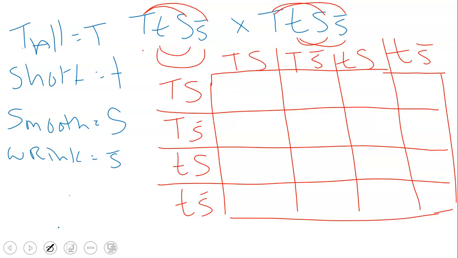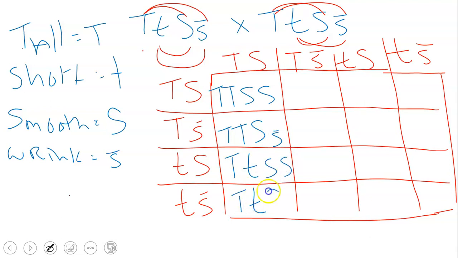So in this first box, I'm going to do big T, big T, big S, big S. In this box, it's going to be big T, big T, big S, little s, big T, big T, big S, big S, big T, big T, big S, little s. And now I'm going to go over, so I'm doing this gamete with each of these down the row. So my first box here is going to be big T, big S, little s.